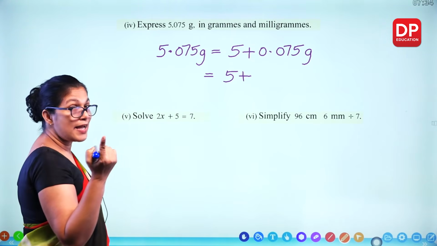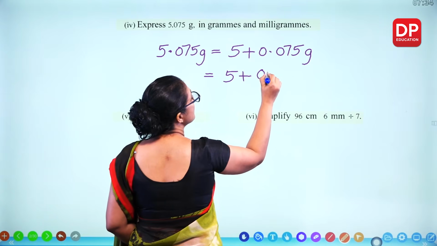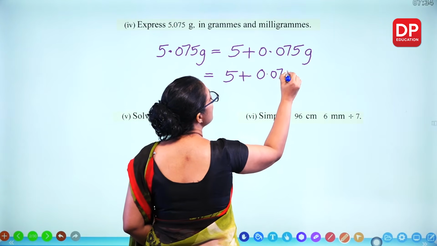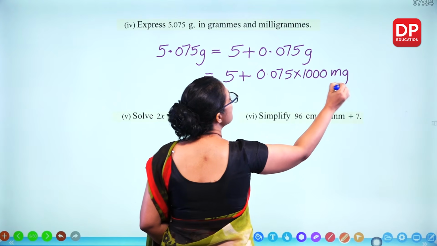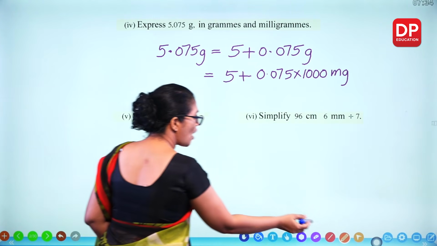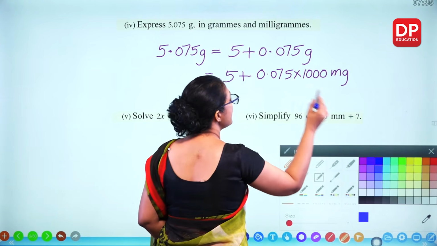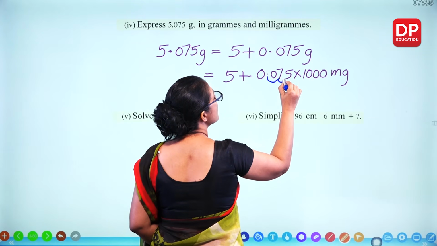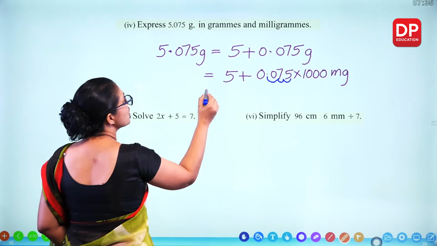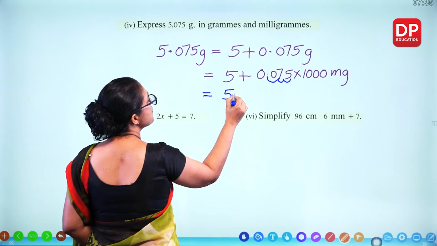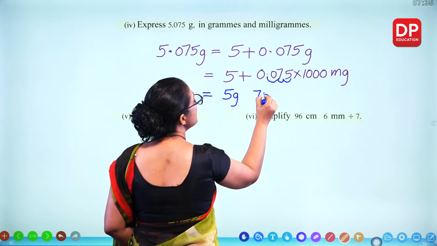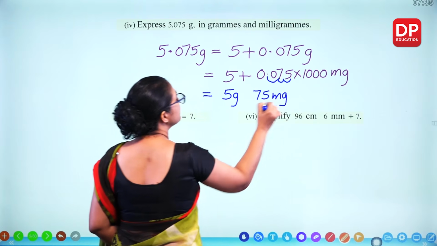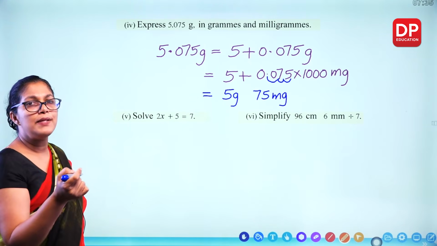I need to multiply this by 1000. 0.075 multiplied by 1000 to convert to milligrams. Multiplying by 1000 means moving the decimal place 3 places to the right. 1, 2, 3. So what you get? 5 grams and here 75 milligrams. So this is in grams and milligrams.